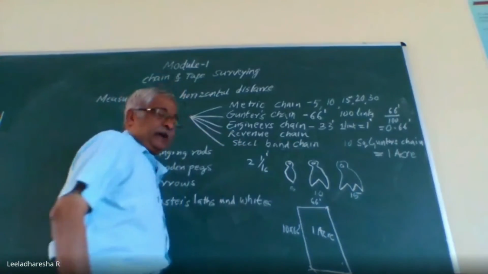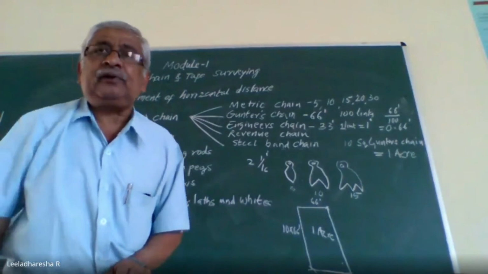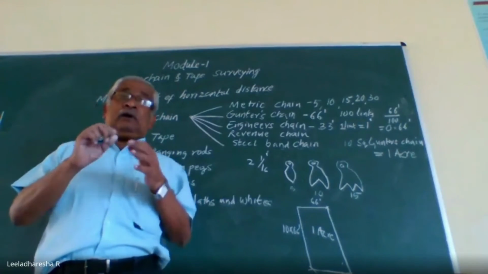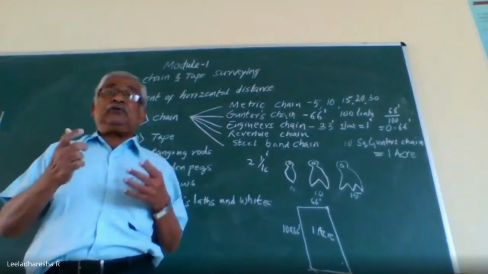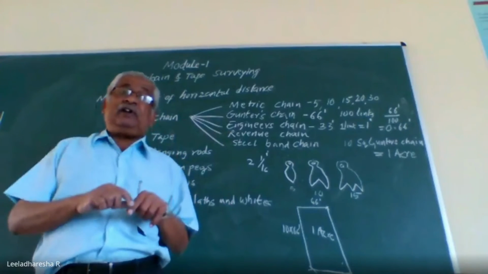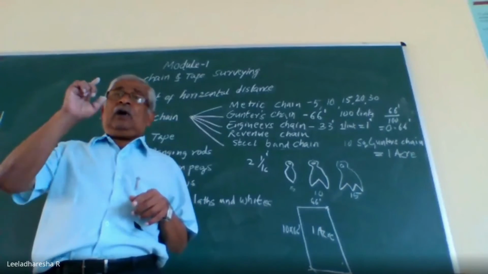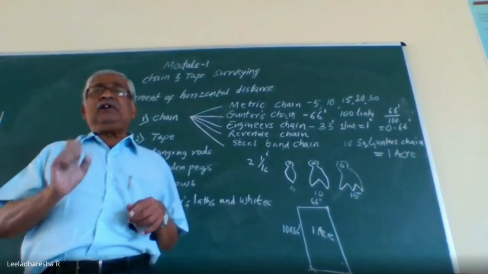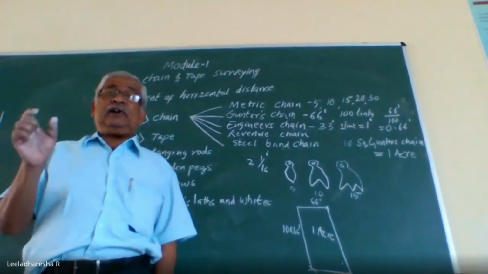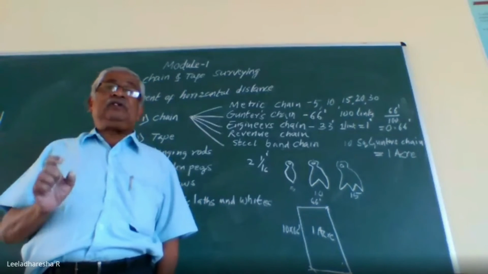Then the steel band chain. Normally, it is used to measure baselines very accurately, adopting all types of corrections. I told you about triangulation, one of the methods, where we divide the area to be surveyed into a number of triangles, and one of the lines is taken as the baseline. The accuracy of your work mainly depends upon how accurately you measure this baseline, so that you get a very precise plan from this survey.